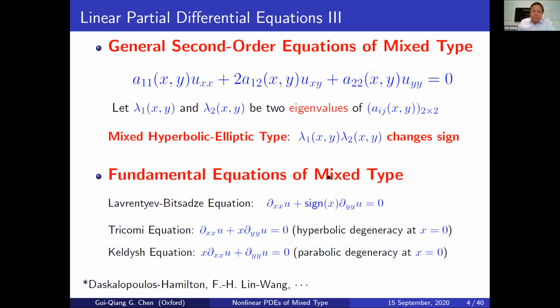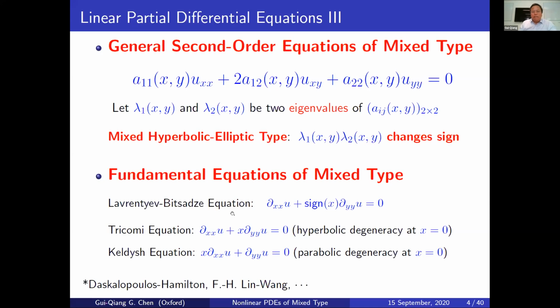I now give three examples, which show typical examples of the fundamental equations we know. The first example has a sign function in the coefficient, a jump. When x is less than 0, this is the wave equation; when x is bigger than 0, the Laplace equation, with a sharp jump at x equals 0. Then the Tricomi equation and the Keldysh equation transition continuously.